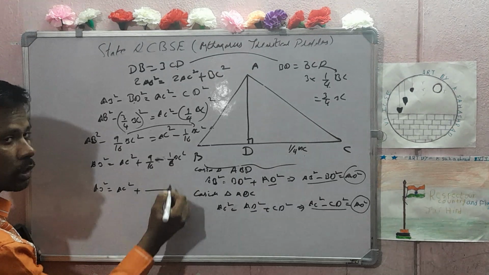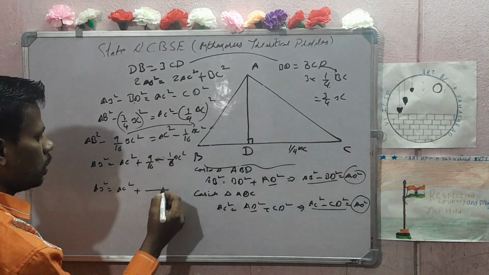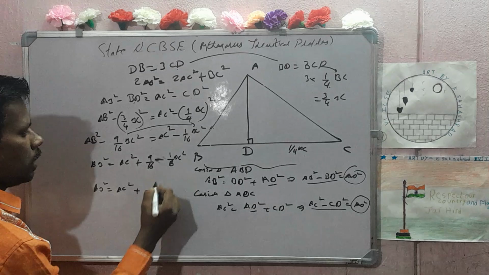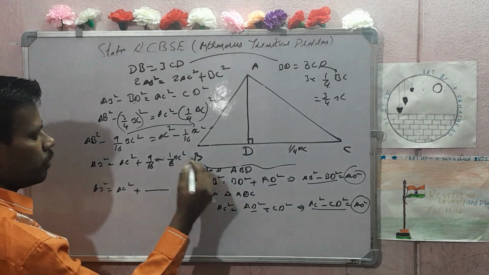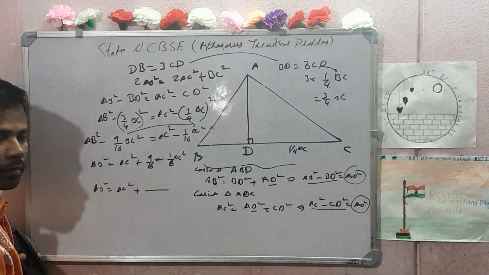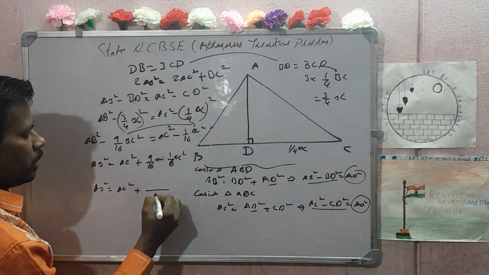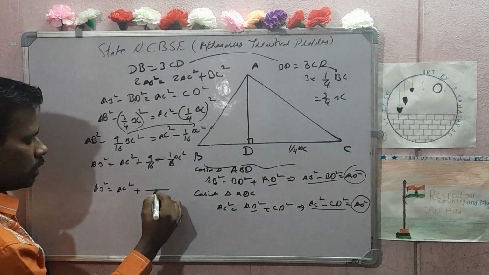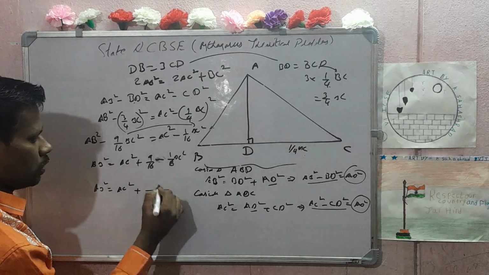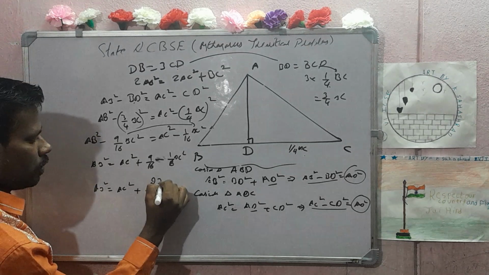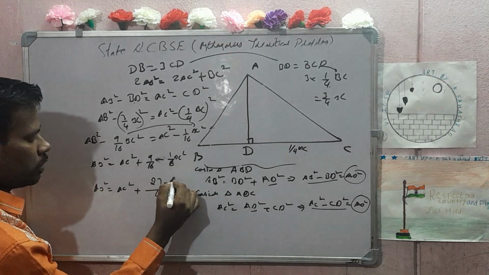What is the LCM for 16 and 6? 48, I think. 48 is the LCM. 16 3s are 48, 3 9s are 27, minus 6 8s are 48, 8 1s are 8.